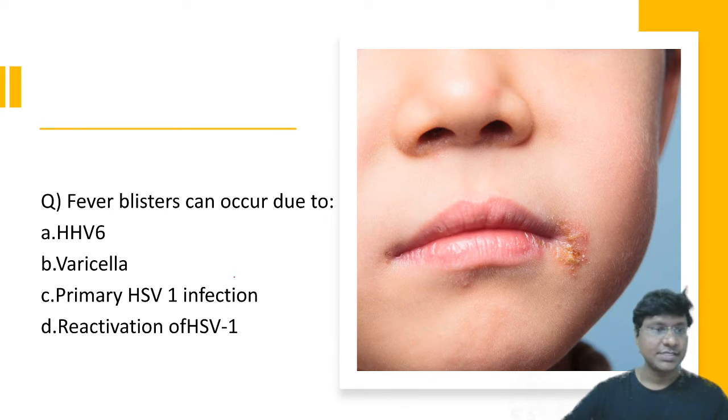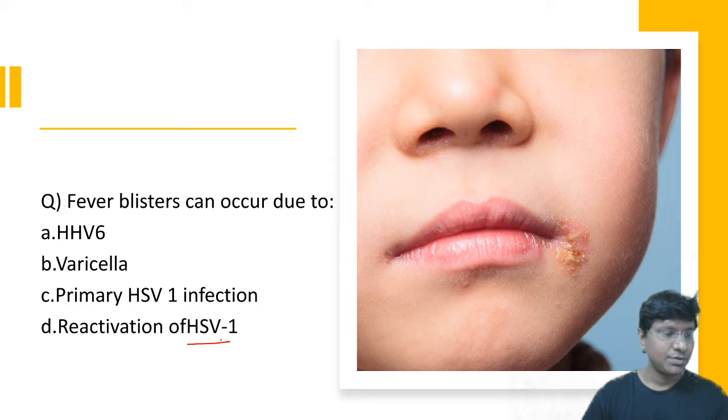Now answer this question. Fever blisters can occur due to HHV6, which stands for human herpes virus 6, varicella, primary HSV1 infection, or reactivation of HSV1.